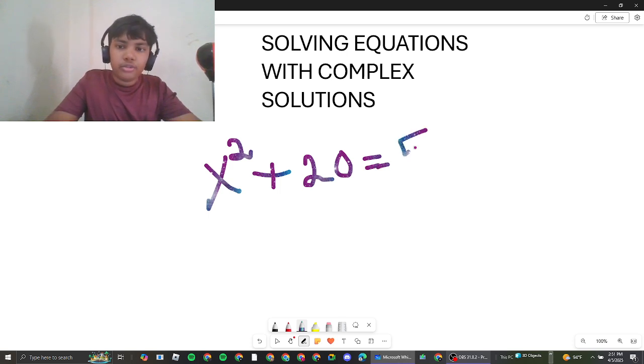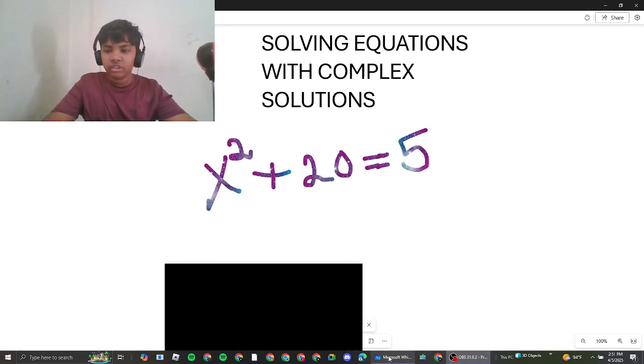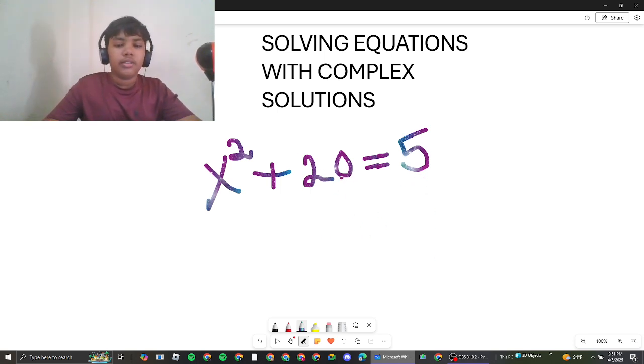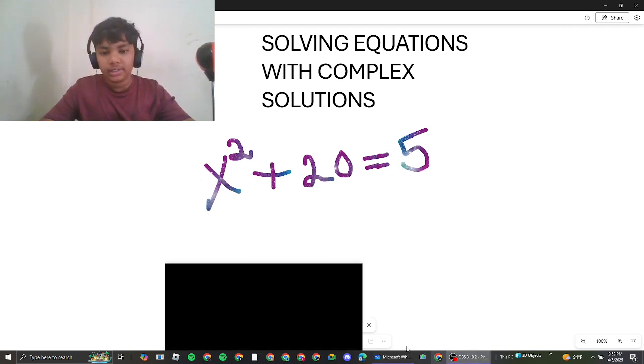Now look, before solving this, how do we know this has complex solutions? It's easy, because when we add a number, it becomes larger, so if we transpose it, it's going to be negative, and if we take the square root, it will be negative. It will be a complex number.